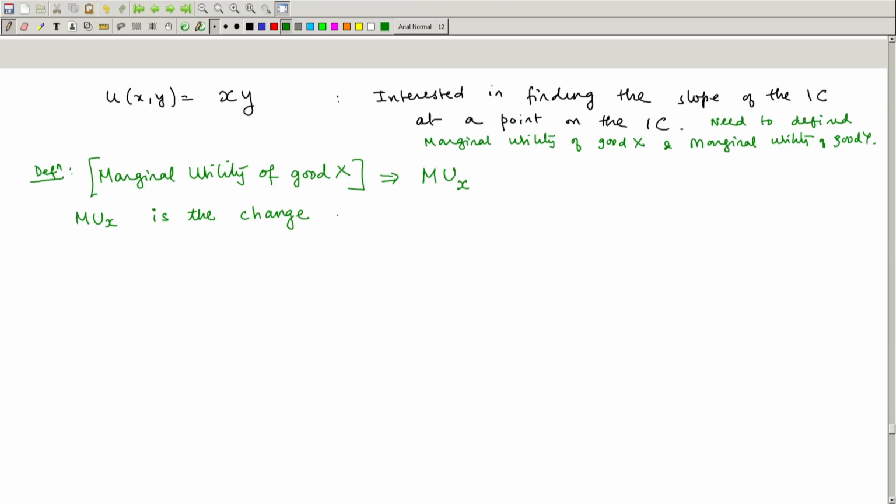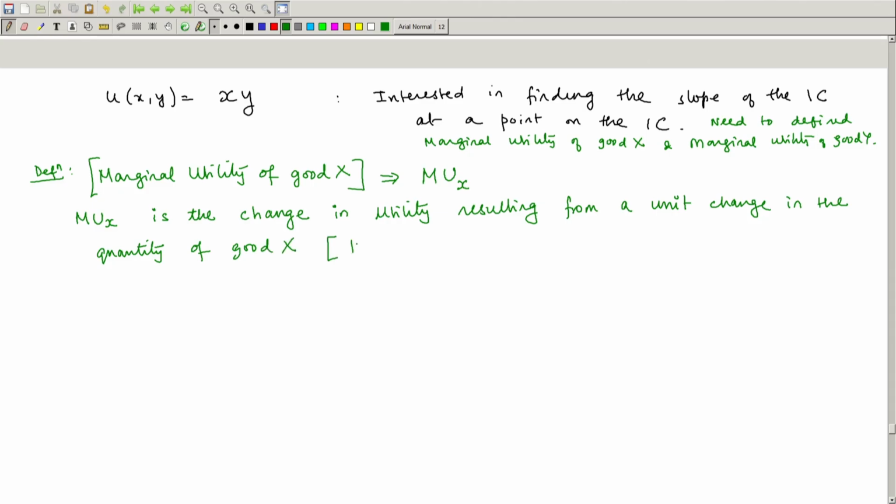Similarly, marginal utility of good x is the change in total utility resulting from a unit change in the quantity of good x, keeping the quantity of good y constant.